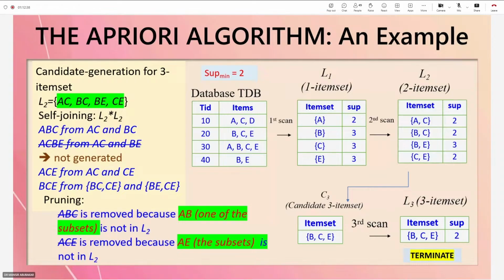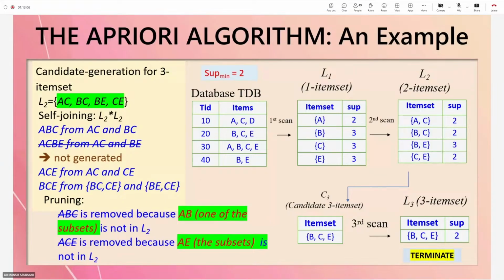So candidate generation for item sets L2, you see that we have AC, BC, BE, and CE. So ABC from AC and BC, then not generated. That implies that the rule is not generated. And then ACE from AC and CE, BCE from BC and BE and CE.